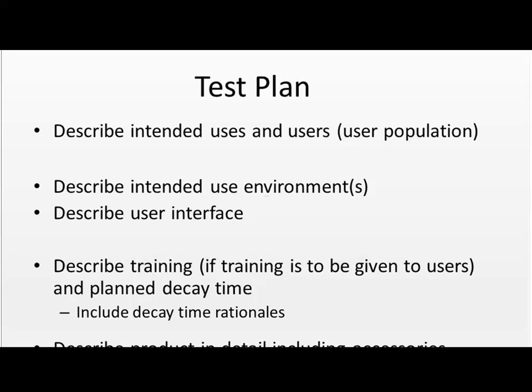We described the user interface. We described the training and the decay time and the rationales for the decay time. We describe the product in detail, including any accessories that are provided or recommended.